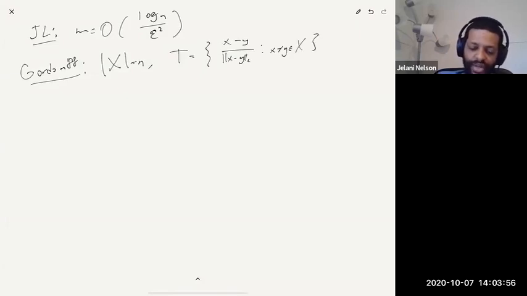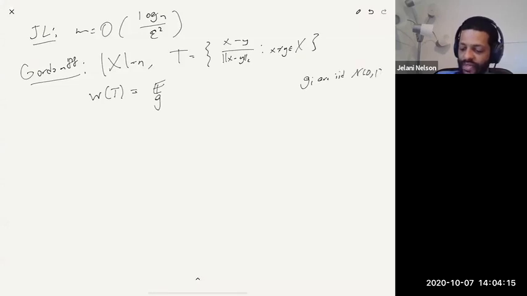And then there's something called the Gaussian mean width of T. Let's call it W for width. W of T is defined to be the expectation over a Gaussian vector g, where the g_i are IID normals with mean 0 and variance 1, of the sup over t in T of g dot t.